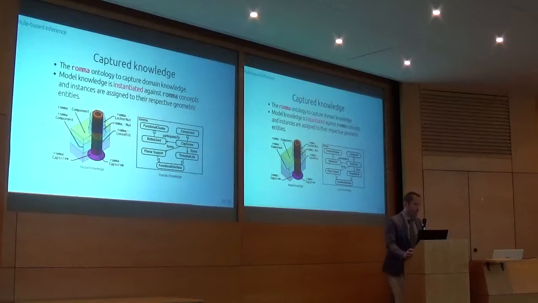Now, once the choice is made of how to represent and process knowledge, which is ontologies and DL, we define our domain ontology, the Roma ontology, using OWL. And then, for each DMU, model knowledge is instantiated against concepts of this ontology, and instances of this domain knowledge are related to their respective geometric entities in the DMU.